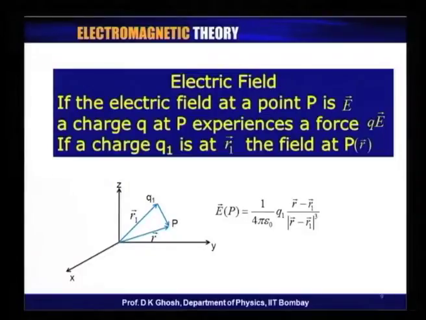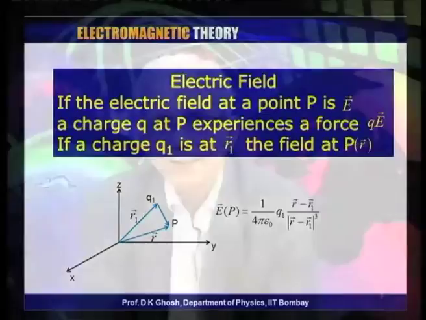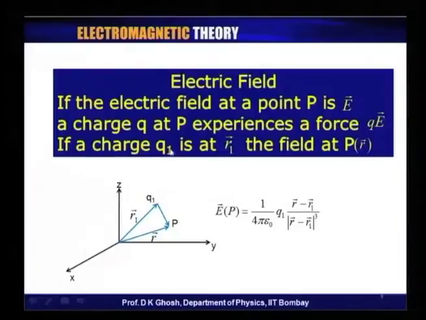Now, let us suppose the electric field is generated by a charge q1, which is at the position r1. Then the electric field at the point P, remember that if there is a charge q at P, the force between q1 and q2 is given by q1 q2 divided by the square of the distance.